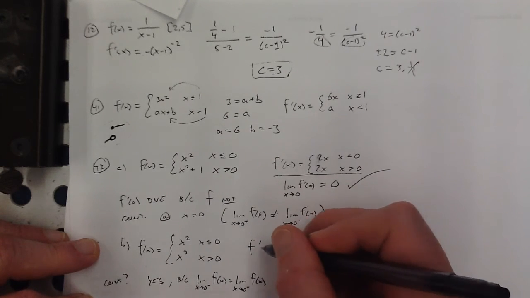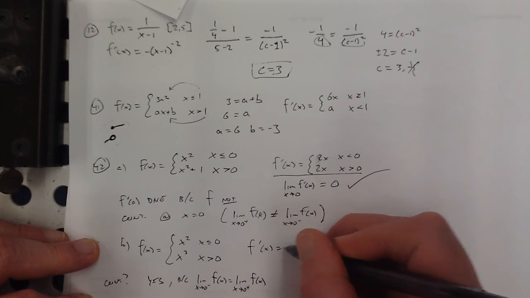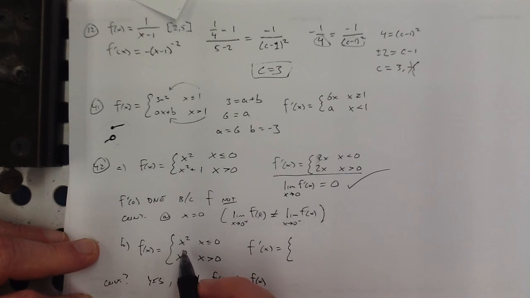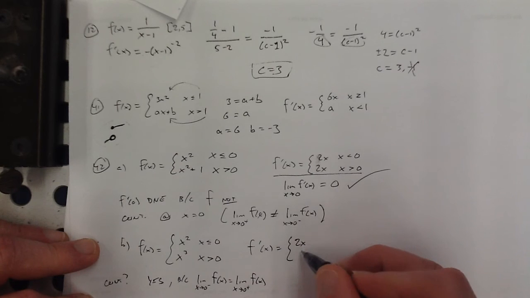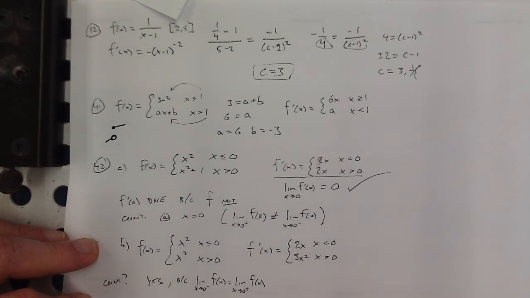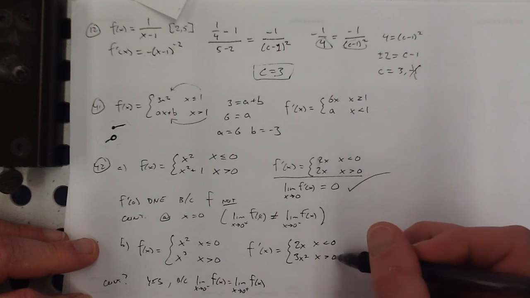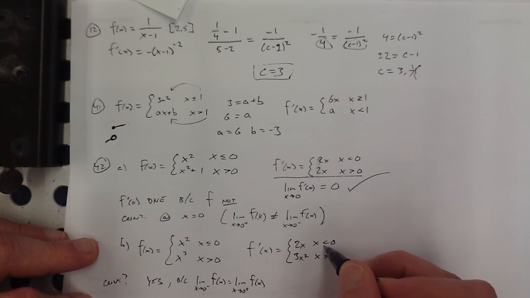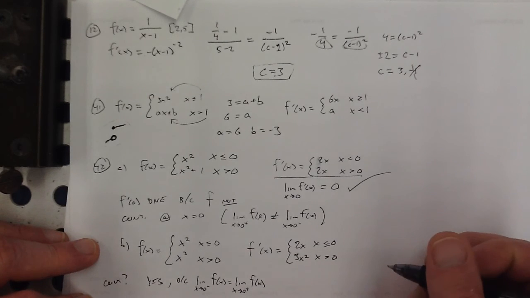Okay, so is it differentiable? Let's see, that's 2x and that's 3x squared. And I don't get to put the equal sign anywhere until I confirm that they're the same, and they are. So I could put it there, or I could put it there, because it's the same, it doesn't matter.